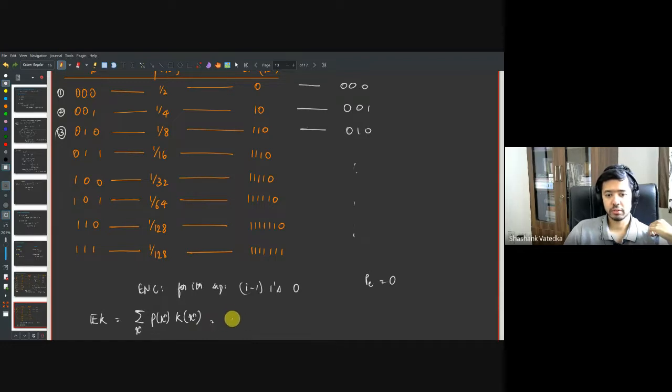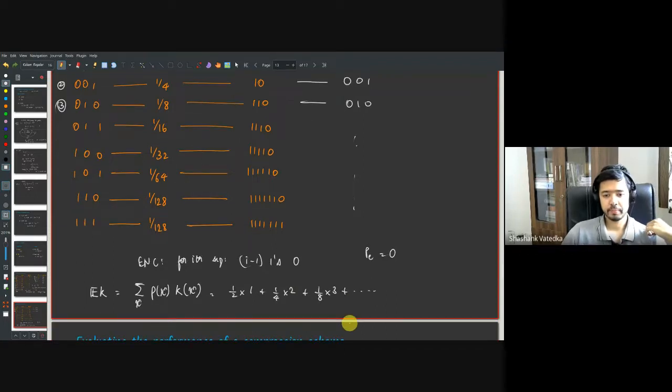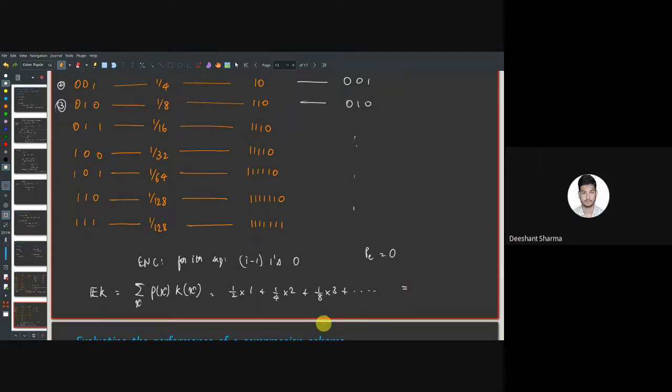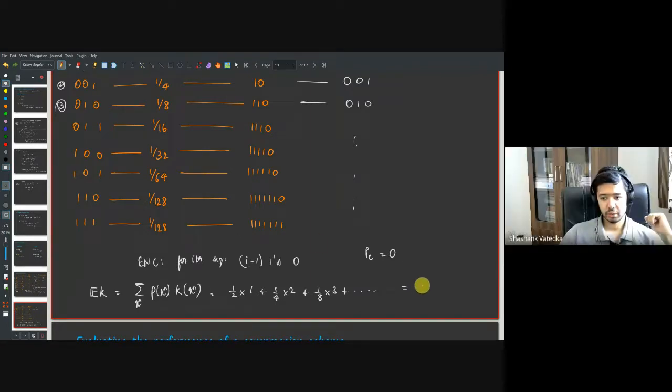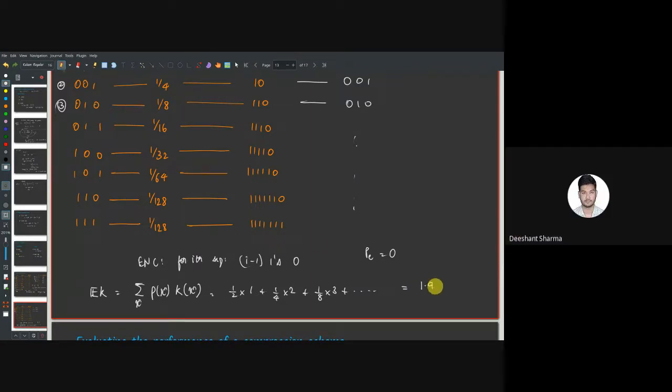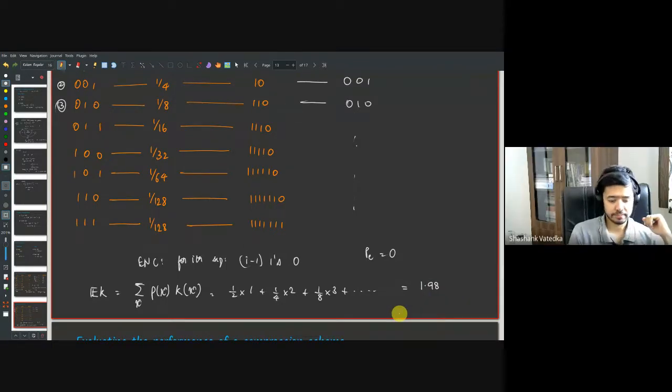So it is going to be half into 1 plus 1/4 into 2 plus 1/8 into 3, and so on. Can someone maybe compute this and tell me what it's going to be? 1.98. 1.98, is it? Yes, sir. So it is 1.98. All right.